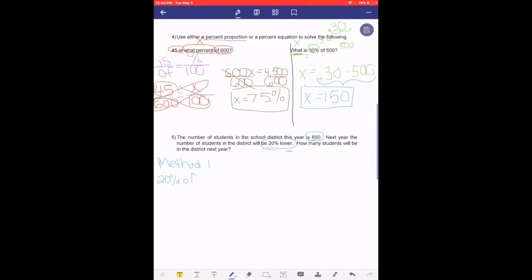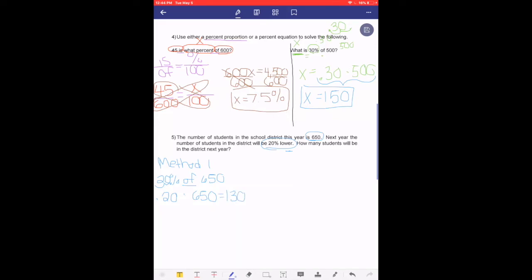So for method one, I find 20% of 650. So 20%, I convert that to a decimal. So if the decimal point is behind the zero, move it over twice. Now I'm at 0.20 of, means that I multiply, 650. When you do 0.20 times 650 in your calculator, you will get 130.